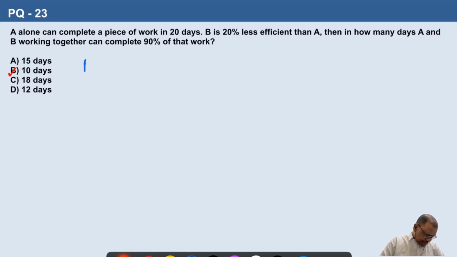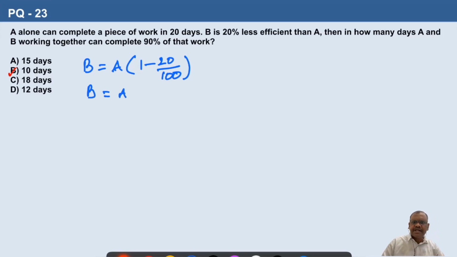B is 20% less efficient than A. So that means B is equal to A into 1 minus 20 by 100. If you simplify this, 1 minus 20 by 100 is 80 by 100. So this is 4 5s, 4 5s.